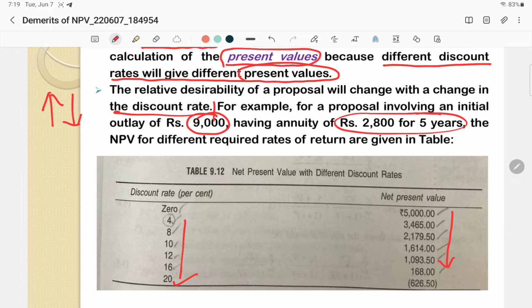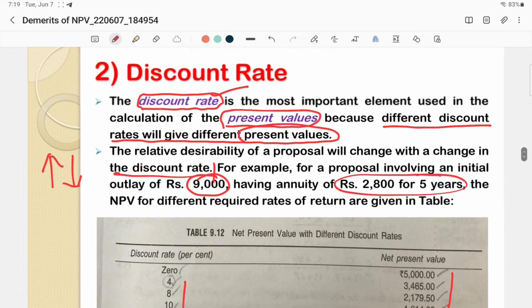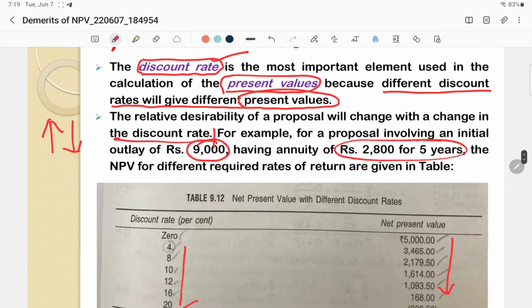So, the NPV for different required rates of return or NPV at different discount rates are given in this table. When a financial manager is using different discount rates, he will get different NPV with respect to a project. So, accordingly, there will be a change in the acceptance or rejection criterion with respect to a project. So, this is the second limitation.